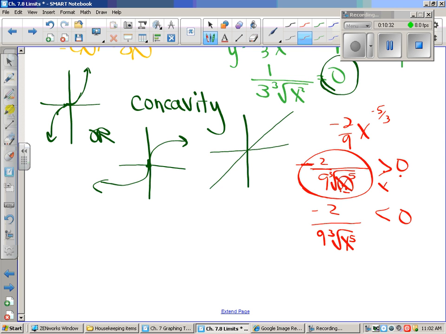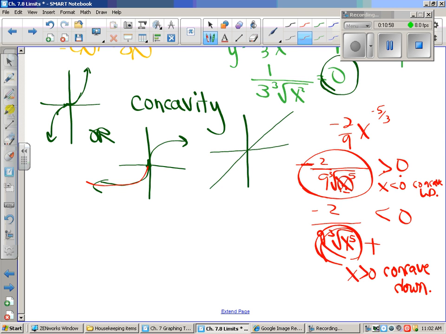So when x's are negative, it's concave up. And when you do this one, for the same reason, we've got negative. We want it to stay negative. That means I need this to be positive, which means your x's are positive. It is concave down. And so, boom, that's how that looks.